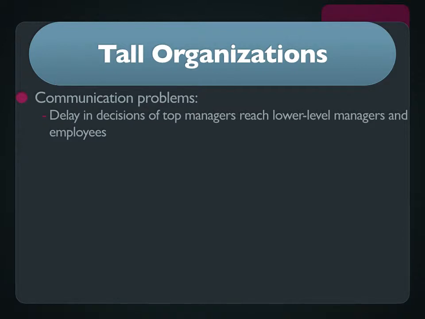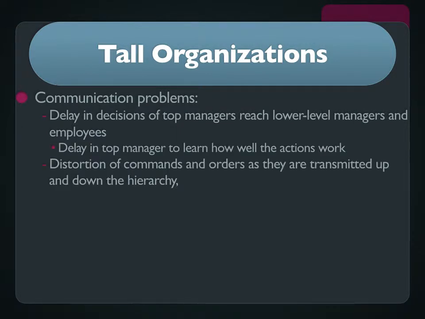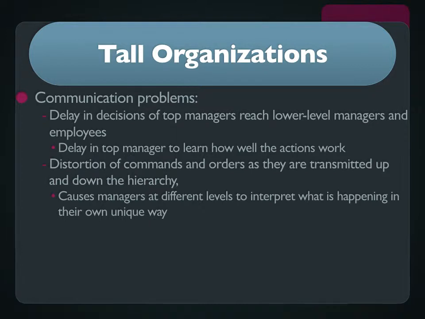There's a delay for decisions of top managers to reach lower-level managers and employees, and a delay for top management to learn how well the actions worked. There are also distortions of commands and orders as they are transmitted up and down the hierarchy. This causes managers at different levels to interpret what's happening in their own unique way. So with very tall organizations, you can get a game of telephone.